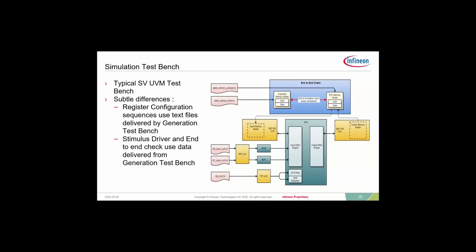We're able to read that in and perform an end-to-end check, really. But it's set out in the exact same way that Tim drew his diagram in his presentation. We just have specialized drivers which are able to read in the files. There's no randomization in those drivers. They just read what's in the file and drive that to the design.